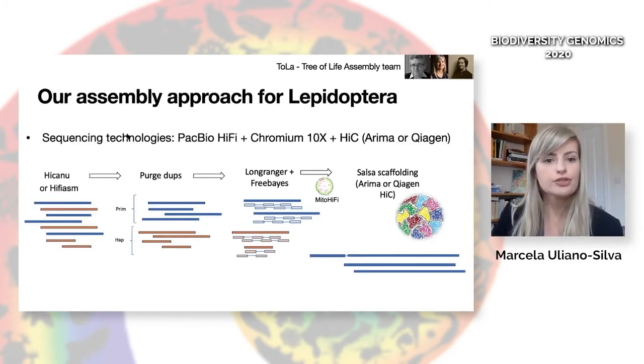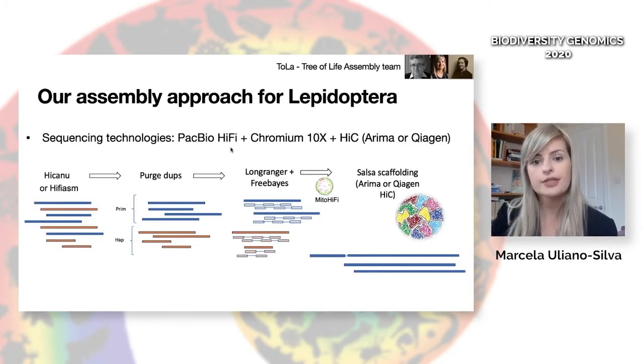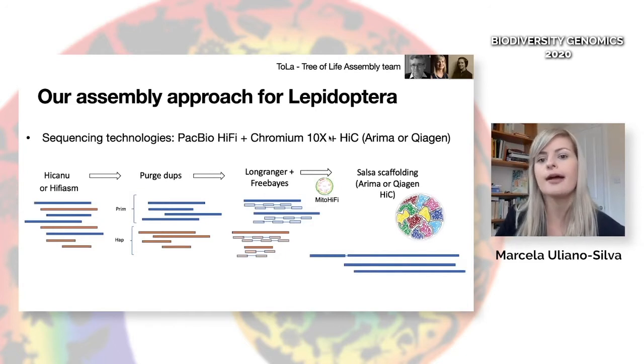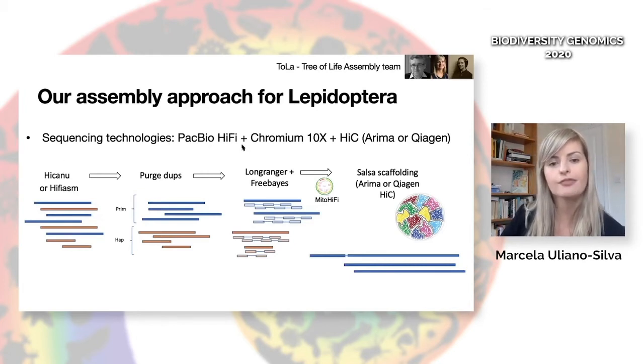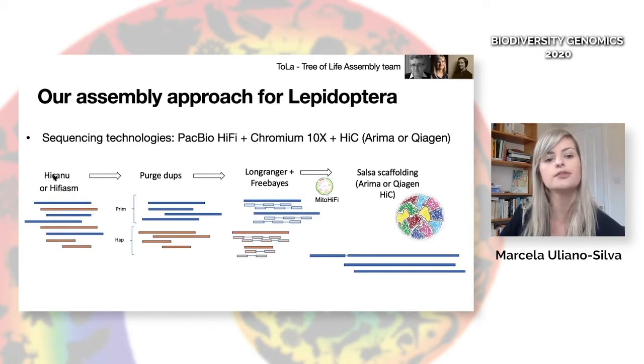For this approach, we have three sequencing technologies: PacBio HiFi, Chromium 10X linked reads, and Hi-C from Arima or Qiagen. And we use this assembly pipeline here. Basically, we usually have 25 to 30 times coverage of the PacBio HiFi reads for each of the species, and we use HiCanu or Hifiasm assemblers.